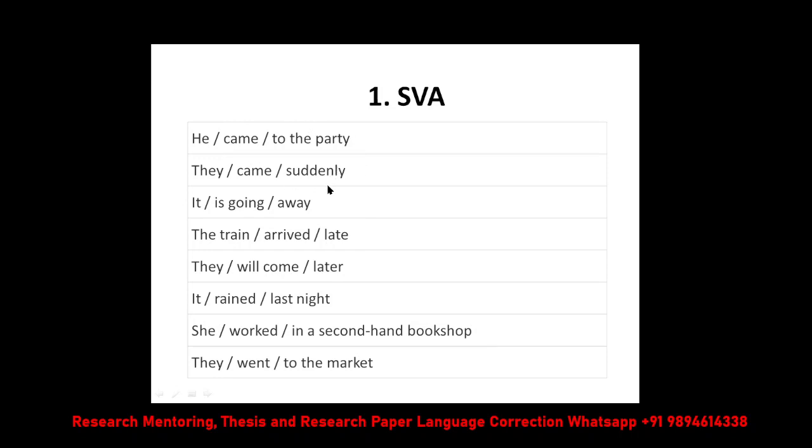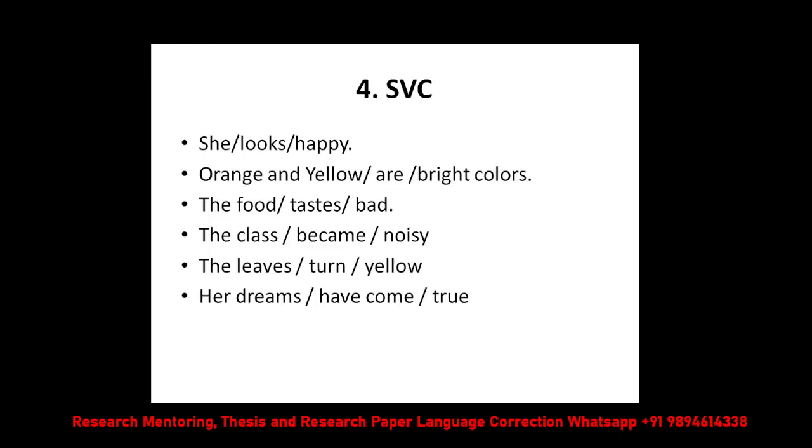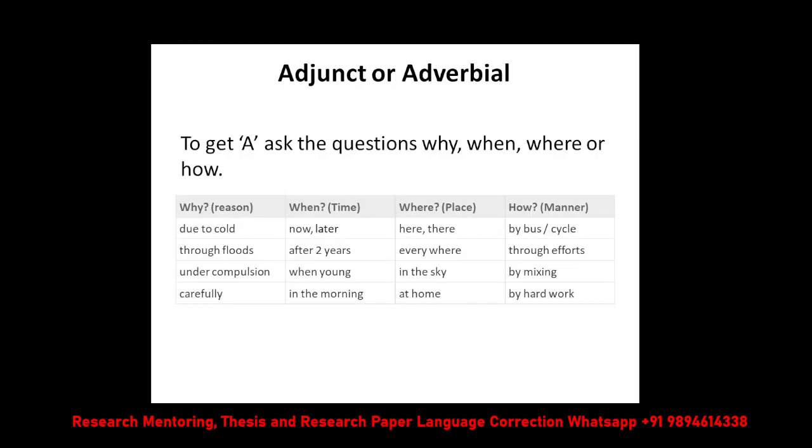Do you remember what the four things are? Oh, you have forgotten. Let me quickly show you. This is the adjunct: why, when, where, how. If you ask these questions, the answer will be the adjunct, or we call it the adverbial. Reason, time, place and manner.